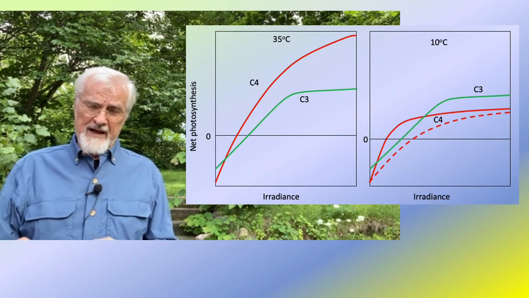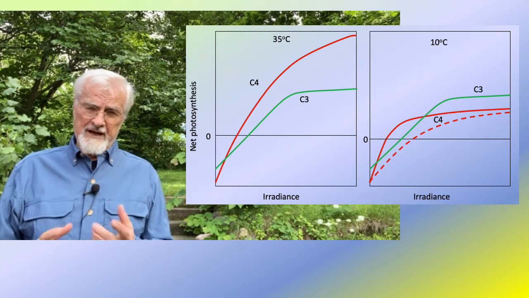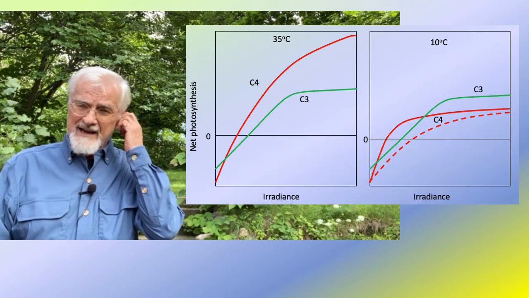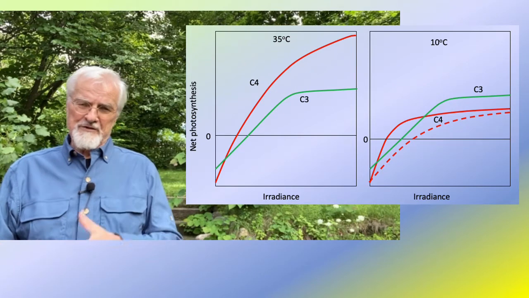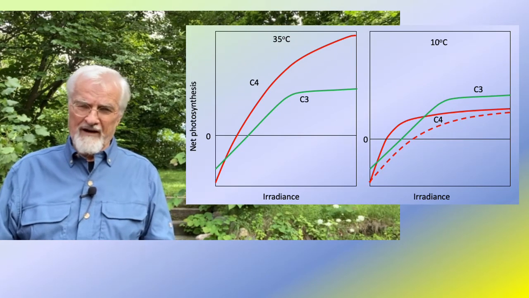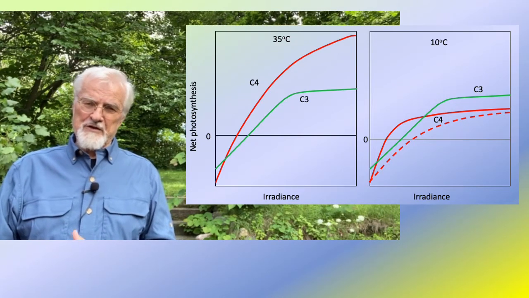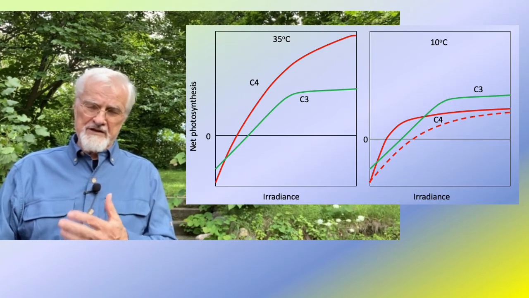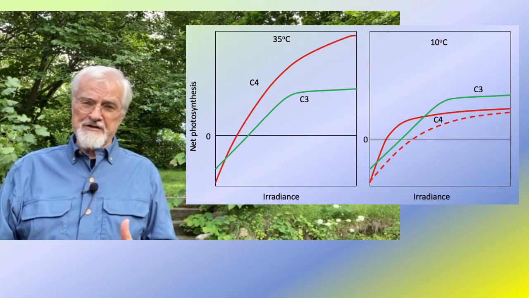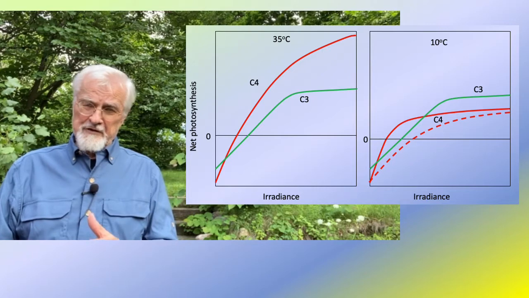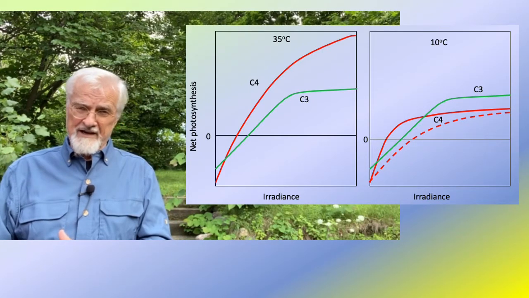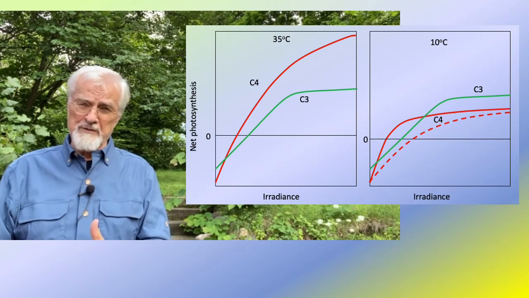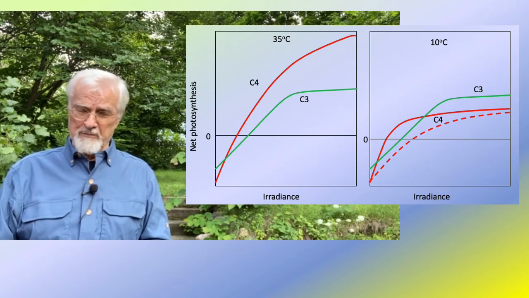Now contrast that at a lower temperature, at 10 degrees C, for example, and you can see the situation really differs. There's two possible curves for C4, obviously, but see the way the C3 photosynthetic curve intersects C4, and you can see at a lower temperature with higher irradiance, you can have a situation where the C3 plant actually outperforms the C4 plant.